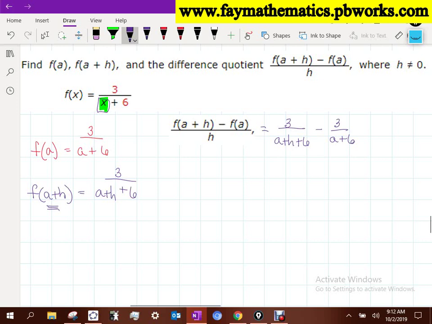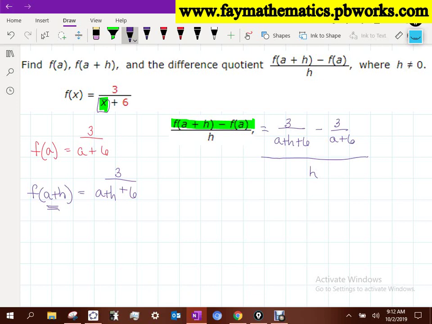Now that is just that so far, correct? I then need to divide by h. Now I'm not sure what WebAssign is going to do. If you type that in, my initial guess is that's going to count wrong. It'll tell you you're not simplifying.